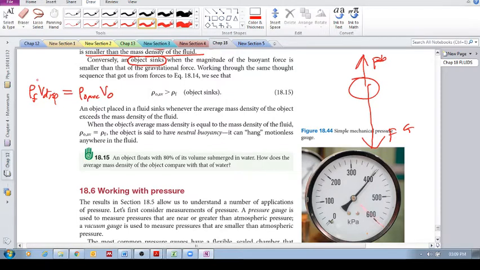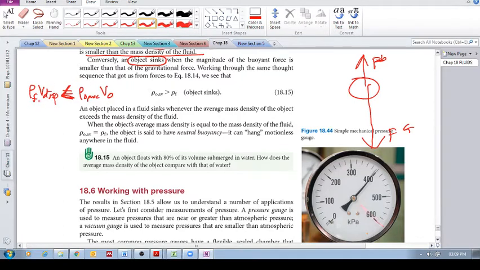What we're saying is that the buoyancy force on the left must be smaller than the gravitational force. And obviously if it's sinking, then the displaced fluid volume and the volume of the object are the same.